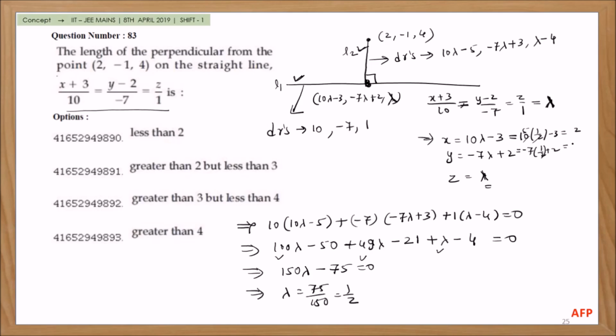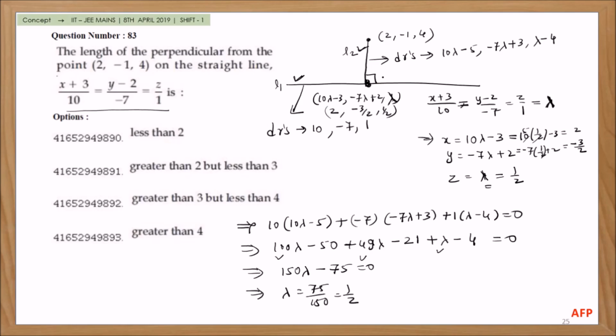Minus 7 plus 4 is minus 3 by 2. So this is nothing but 1 by 2. So here, 2 you got, minus 3 by 2, 1 by 2.